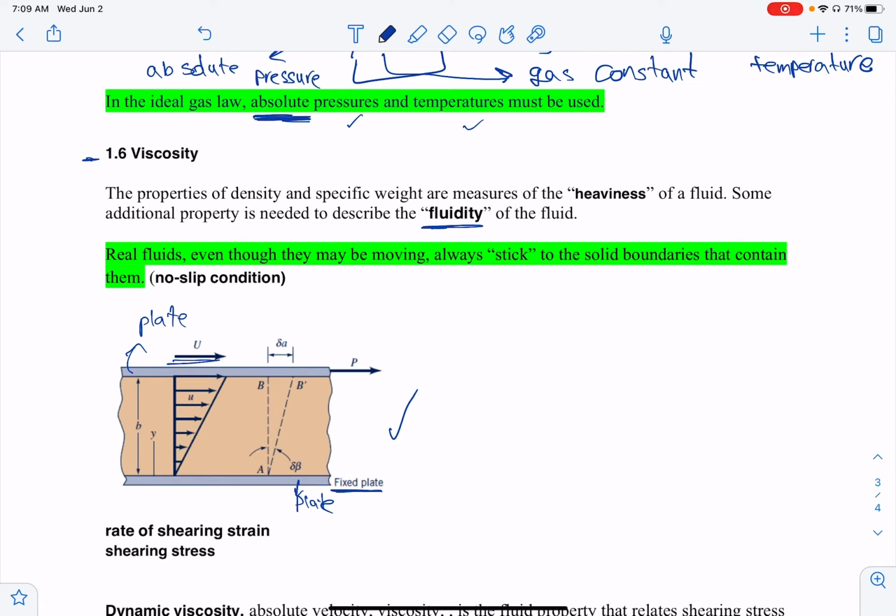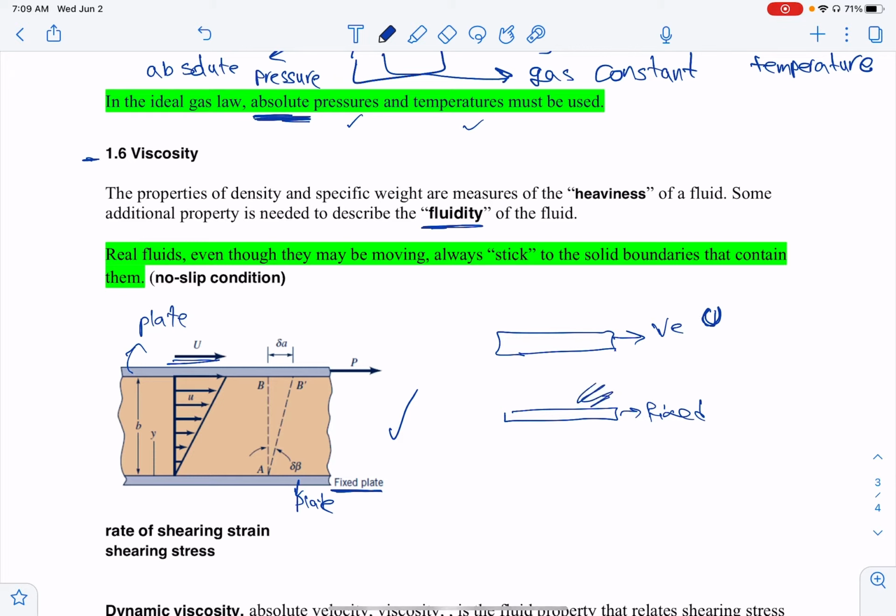If I draw it here, we have two plates. This one is fixed, and this one is moving with velocity u. We actually apply a force to move this plate.